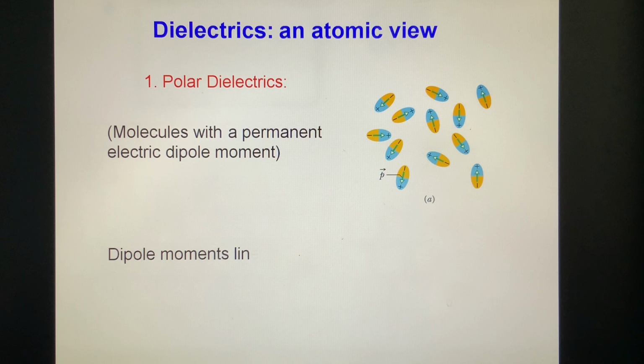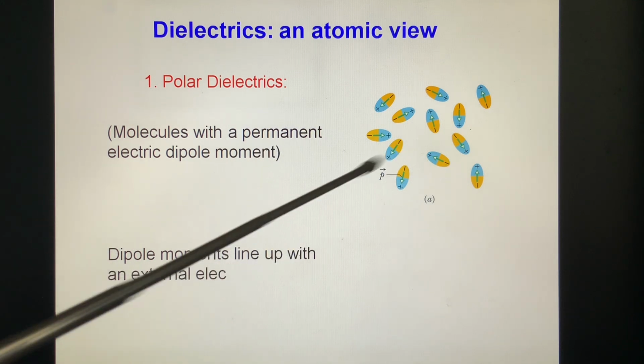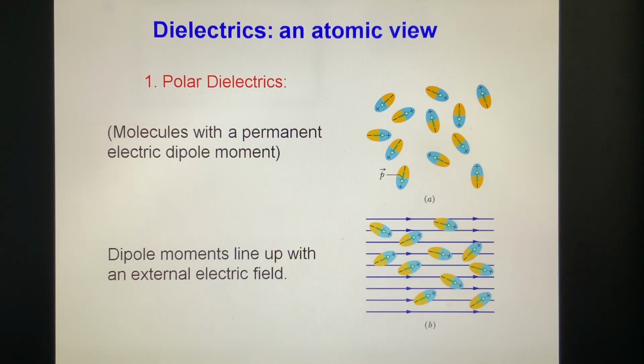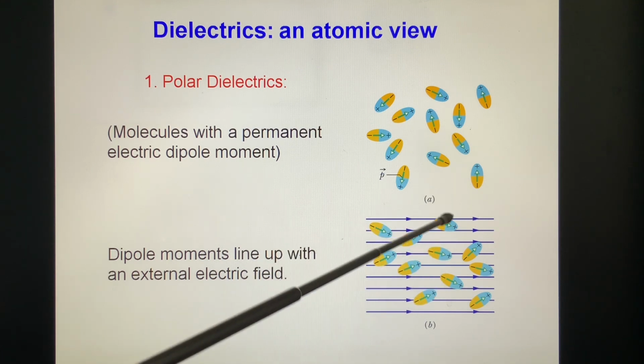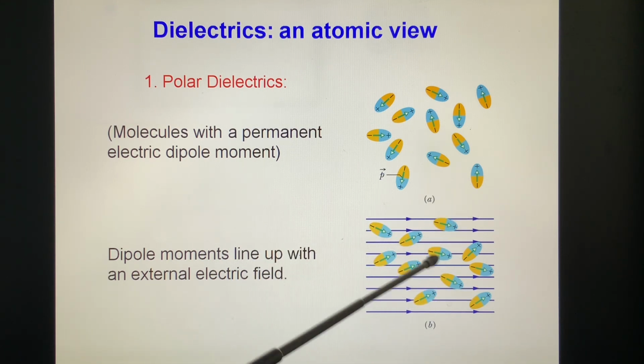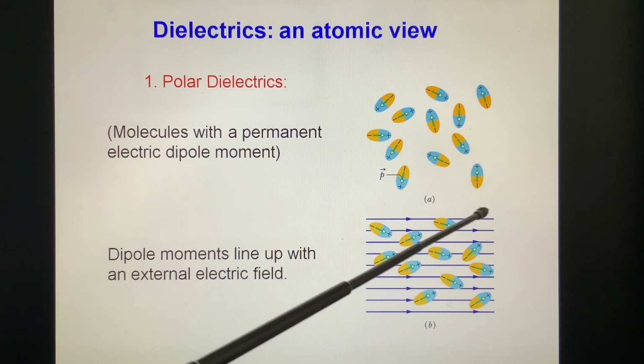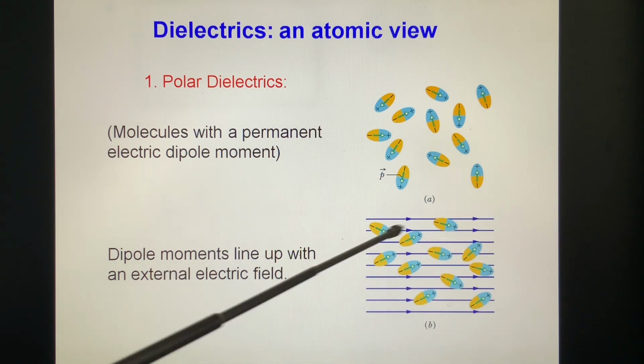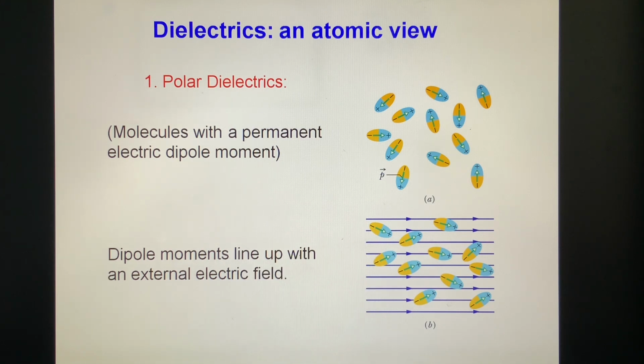When we apply an external electric field, these dipoles line up with the electric field. Okay, and if you look at the central part, you have positive, negative, positive, negative. You don't see any extra charge. Only on the two ends do you see the positive charge on the right and negative charges here. Then you will have an extra induced electric field.